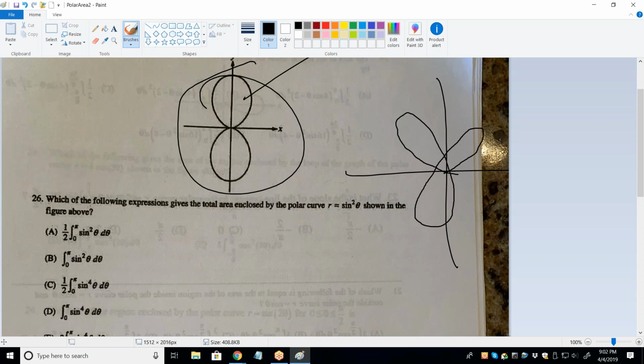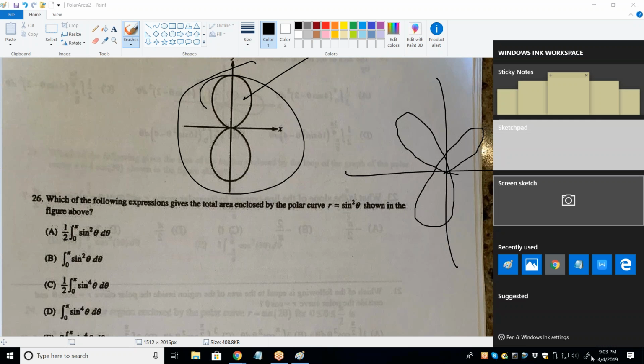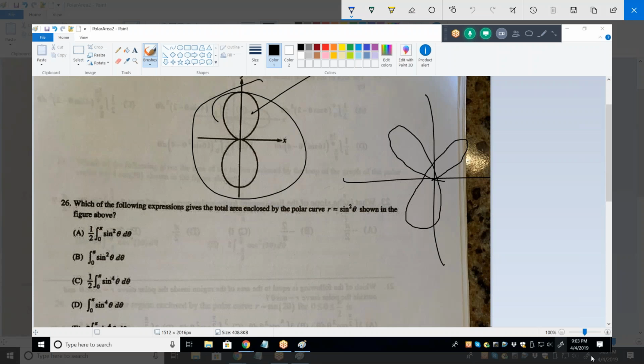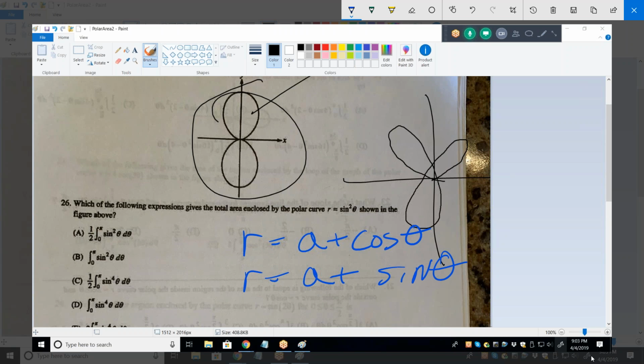I don't have a list in my book, but when you have equations like r equals a plus cosine theta, r equals a plus sine theta, those are rose curves. r equals a plus 3 cosine of 3 theta, that's a rose curve.